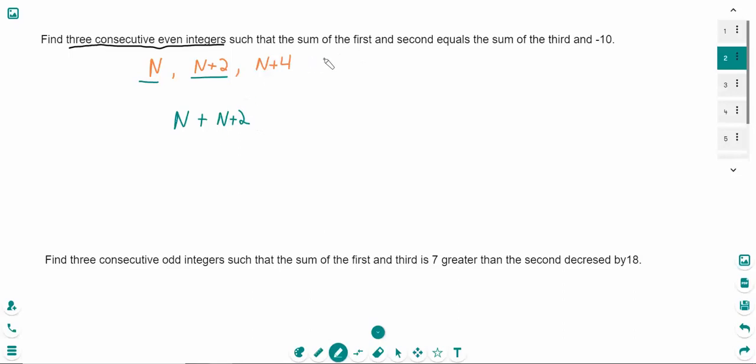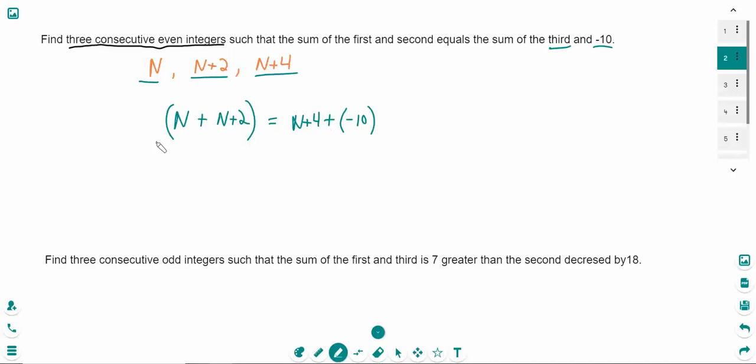Okay, so this sum right here equals the sum, another addition problem, of the third and negative 10. So what's the third number? It's n plus 4, and we're adding that to a negative 10. That's the sum of that, right? Okay, so now we have it all laid out. Now we just need to solve it.